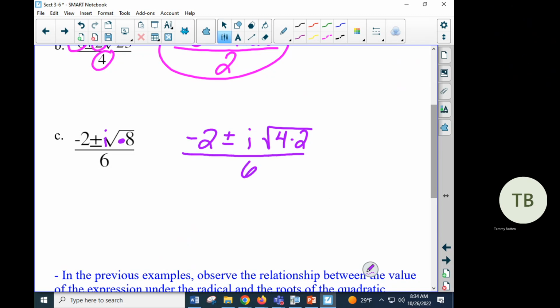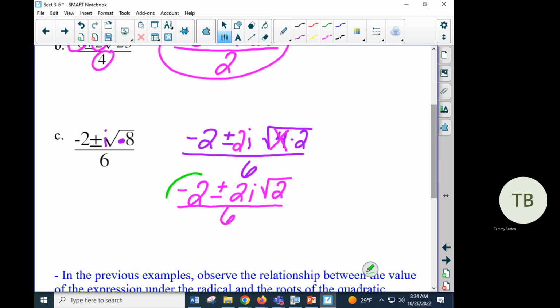Now, the square root of 4 is what? 2. So I'd bring that 2 out and that 4 is gone. So now what I have is -2 plus or minus 2i times the square root of 2 all over 6.